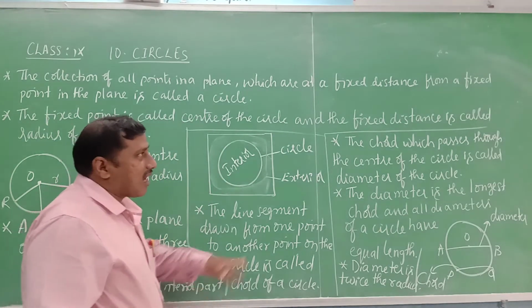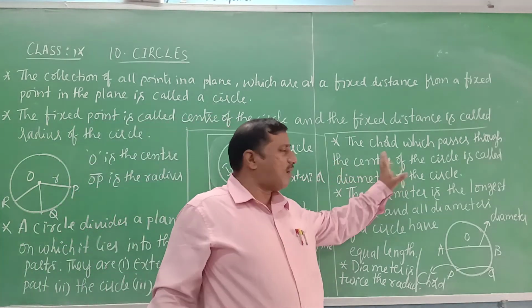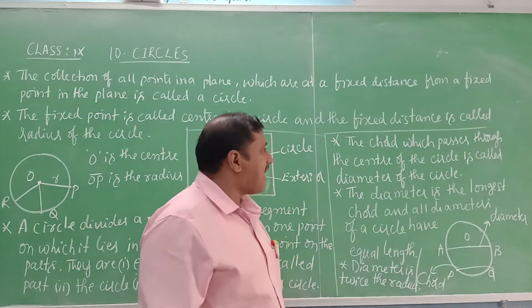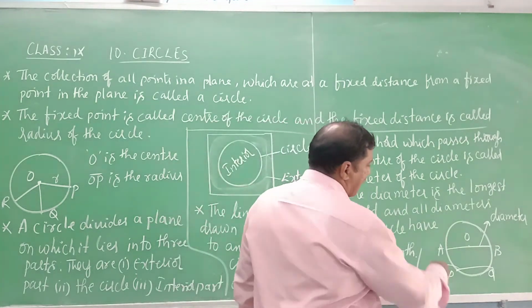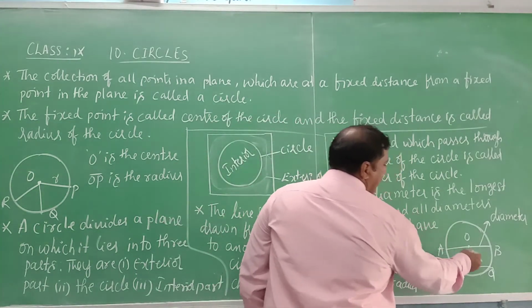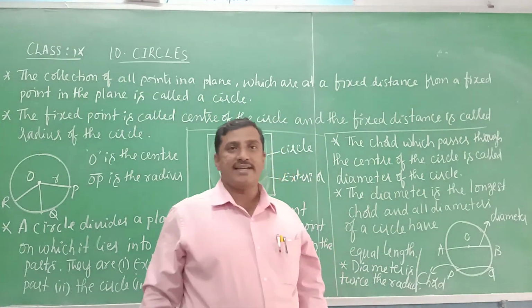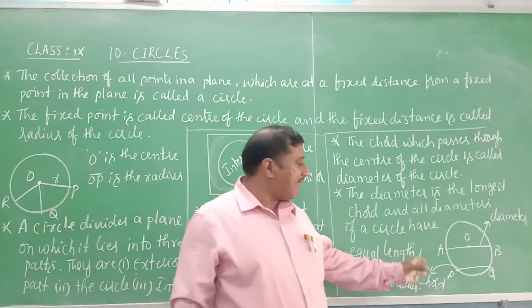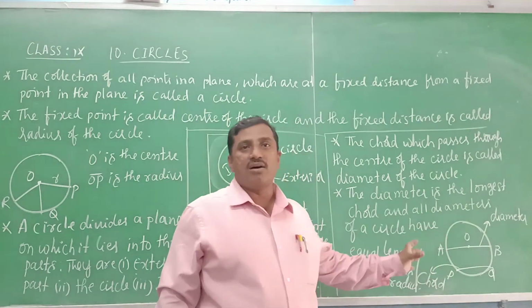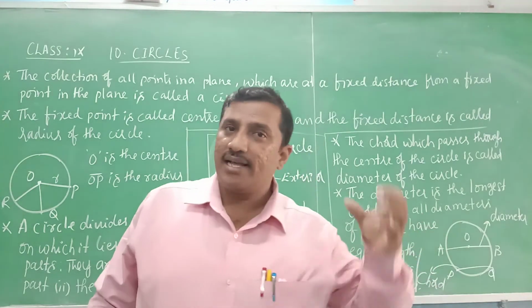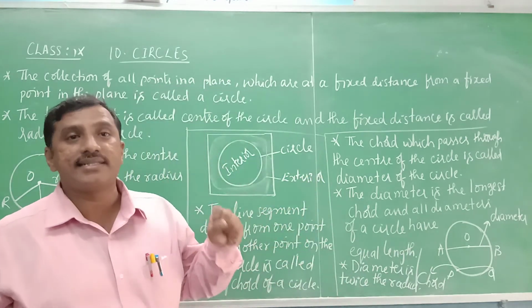See now, the chord which passes through the center of the circle is called the diameter of the circle. See here, AB is a chord and it is passing through the center of the circle. That chord is known as the diameter. And if you measure the length of the chords of the circle, we will find the diameter is the longest chord.